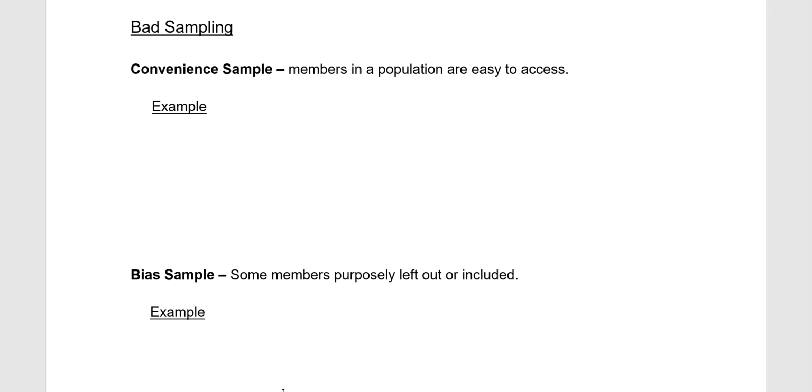So let's say we're doing some sort of survey, and an example of convenience sampling would be asking friends in a survey. So it's obviously very convenient. You can just text your friends, call your friends up, and ask them to take part in this survey, but it may not represent the population as a whole.